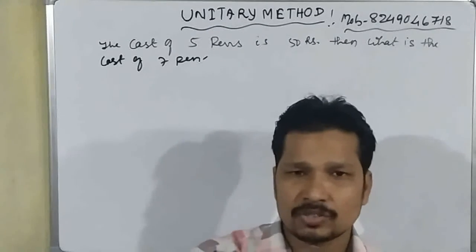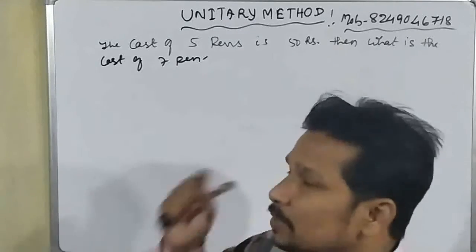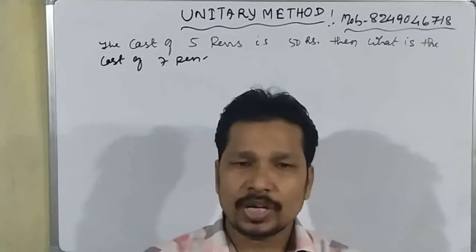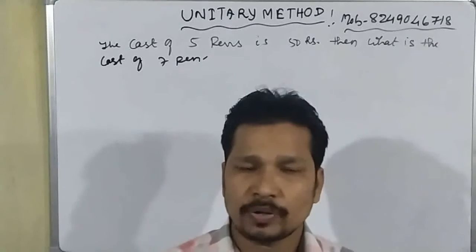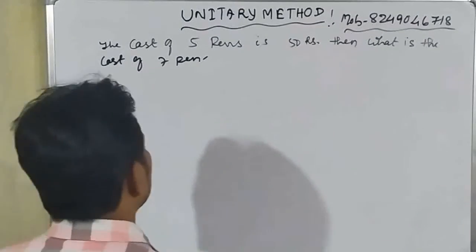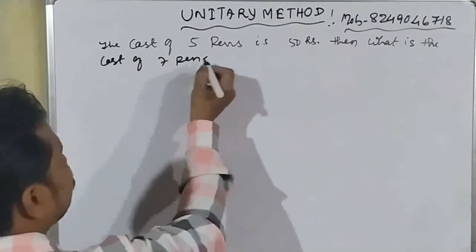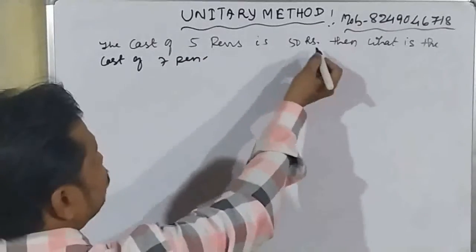That means there is no formula to find out the cost of 7 pens from 5 pens. First of all, we have to find out the cost of 1 pen, and after that we have to find out the cost of 7 pens. The given thing is that the cost of 5 pens is 50 rupees.